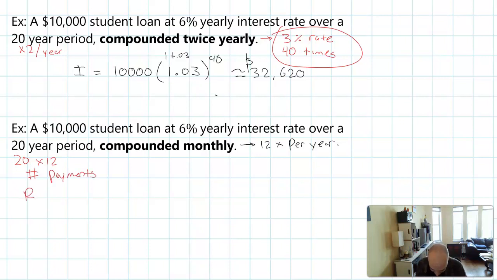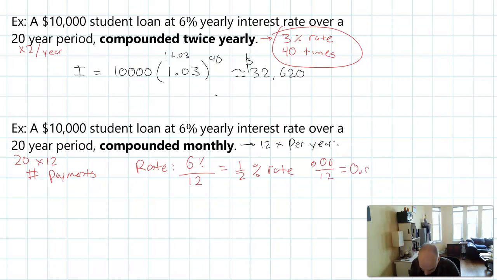And the rate is 6% divided by 12. So that's going to be a 0.5% rate, which is, right, if you did 0.06 as a decimal over 12, that's going to be 0.005.